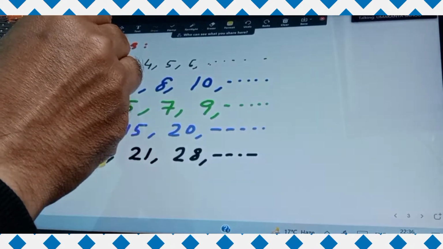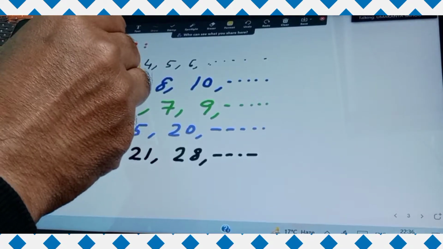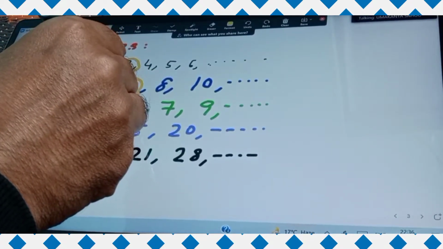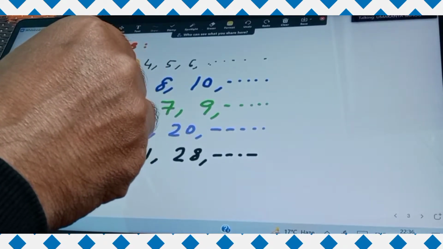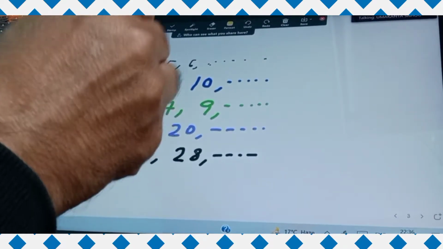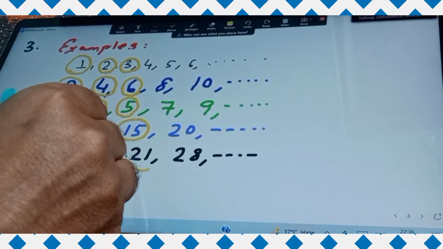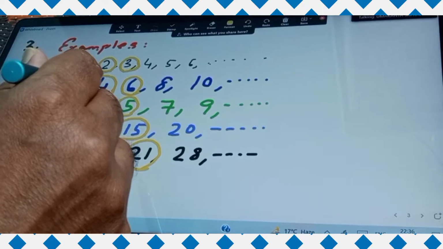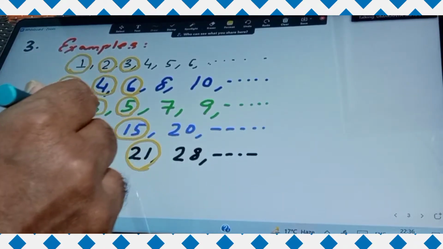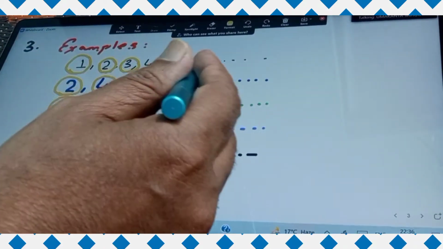The third term is 3, here the third term is 6, and in another sequence the third term is 5. In this sequence the third term is 15, and in the last the third term is 21. So these are examples of sequence, and each number of the sequence is called a term.